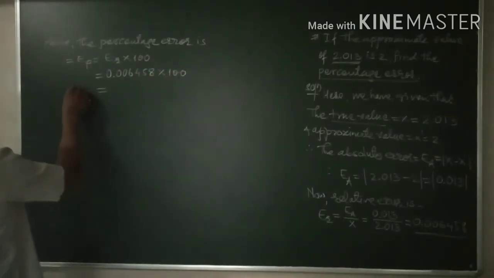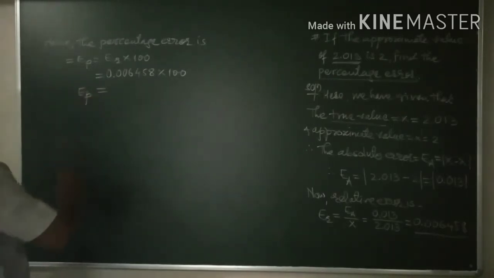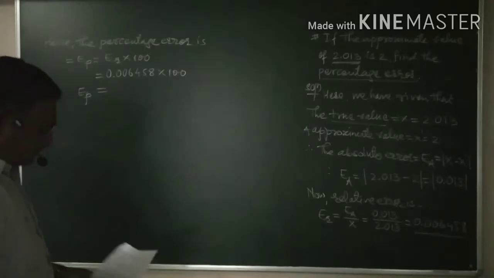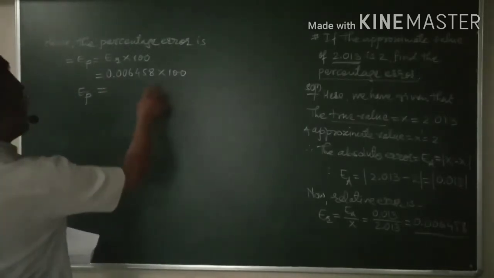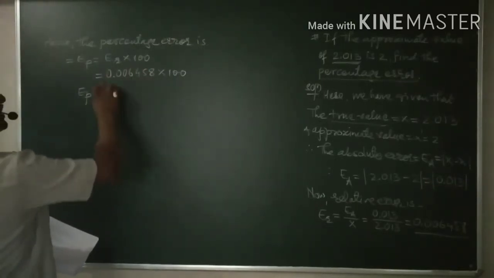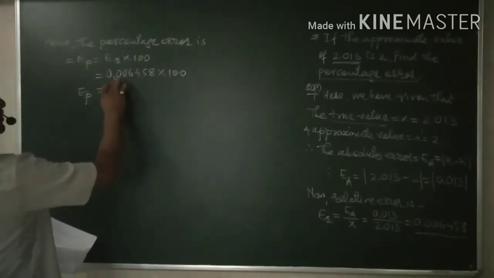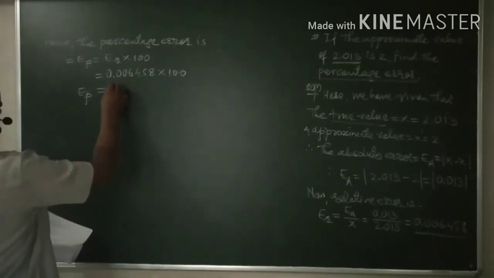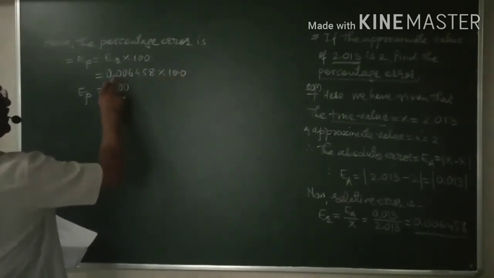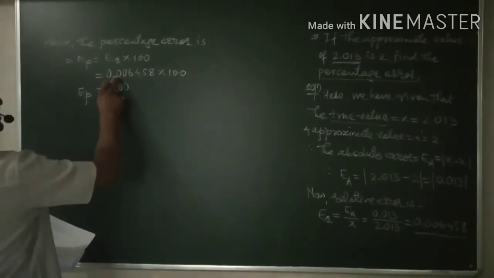Since we are multiplying by 100, the decimal point is to be shifted.